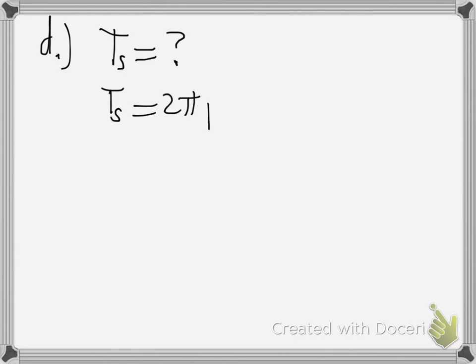The final thing, D, is asking us for the period. So what is the period of this spring? This formula is given to you on the AP sheet: 2 pi square root of m over k. So there's no algebra that we need to do here.